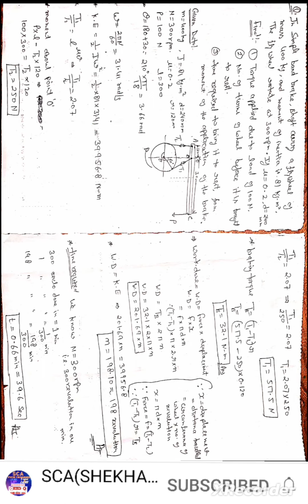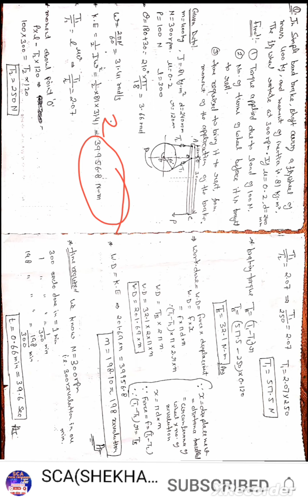So kinetic energy is half I omega square, half into 81 into 31.41 square. So the kinetic energy value will be 39956.8 Newton meter.